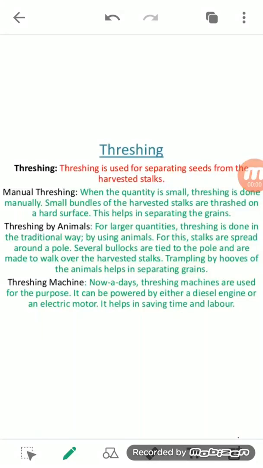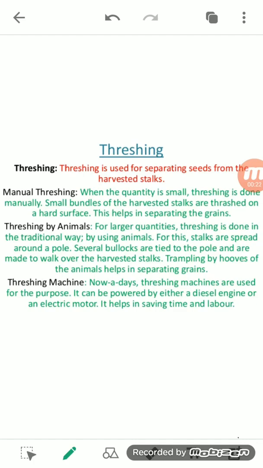We will come to the next method of separation of components, and that is threshing. You see the stacks of the harvested crop are thrashed against a slab of rock. Threshing is done in the same way as the washerman, the dhobi, does with his cloth at the dhobi ghat.